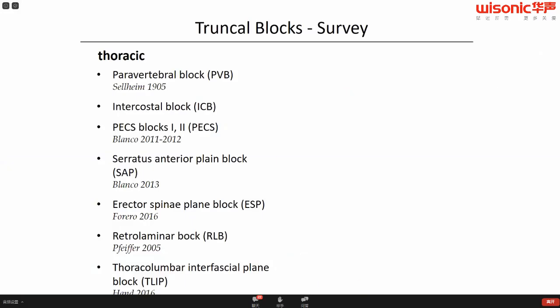This slide shows you some of the most common Truncal blocks. In the thoracic area, these are the paravertebral block, intercostal block, PECS blocks, the serratus anterior plane block, erector spinae plane block, retrolaminar block, or the thoracolumbar interfascial plane blocks. And below you can see the first description of the block.